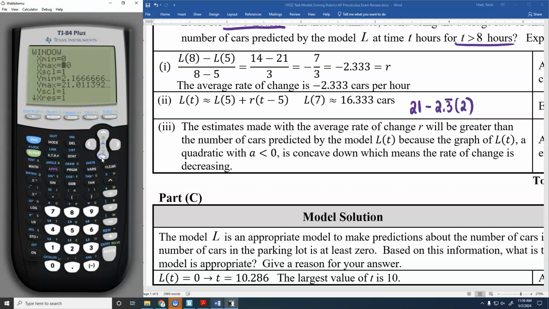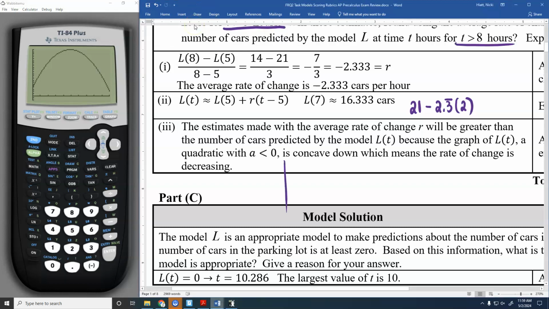Let's make that y min like -2 so we see the x-axis. Now I'm just doing this to get a picture of what's happening, but this is what that regression looks like. It's eventually going to cross the x-axis here.